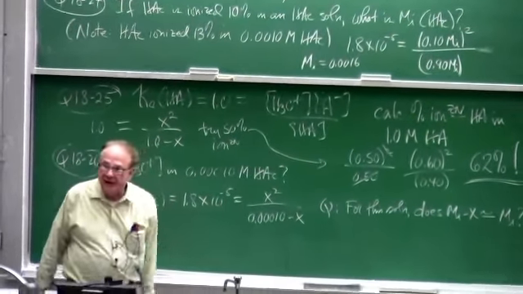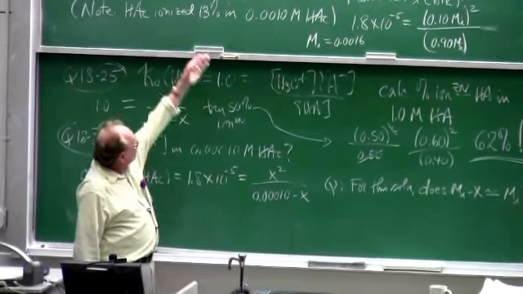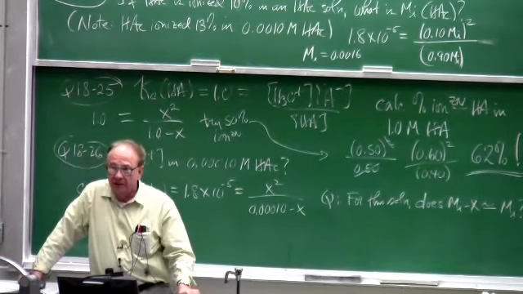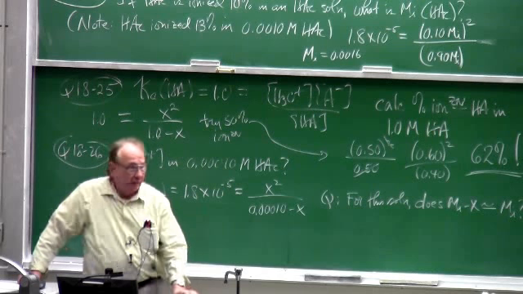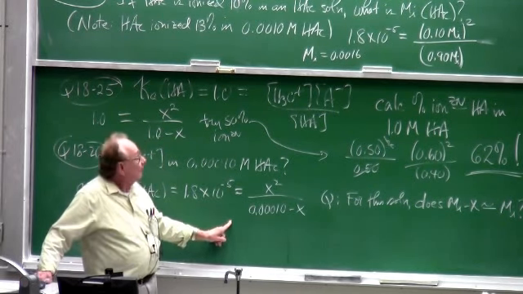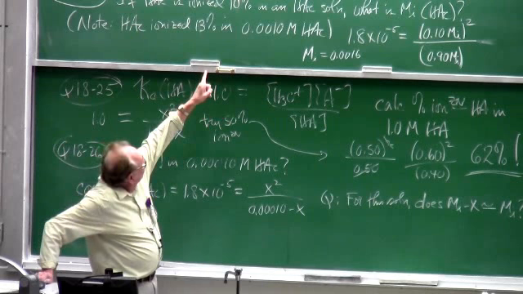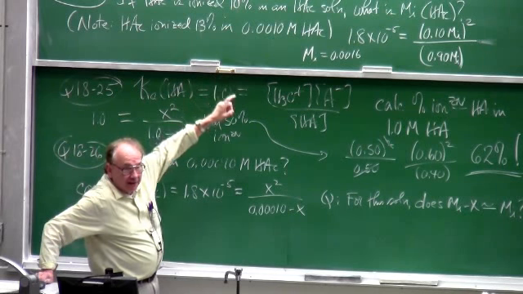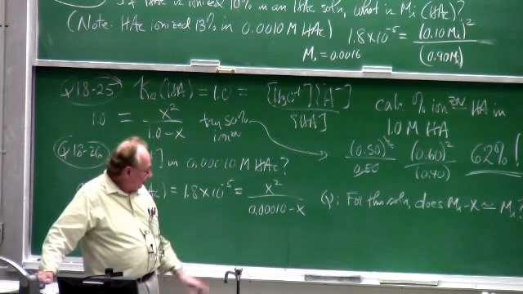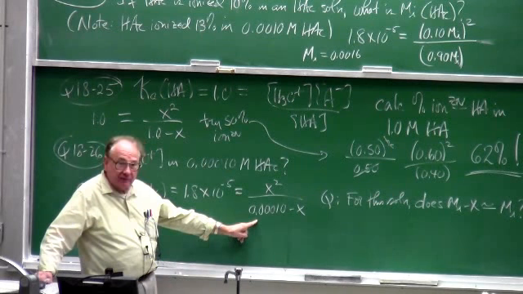So before we do anything with this problem, just because we have this information available, always take advantage of what you know. What do we know about the ionization extent for acetic acid in this solution compared to 13%? Greater, isn't it?